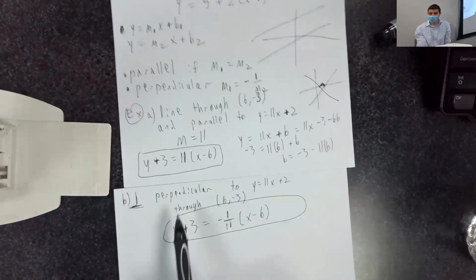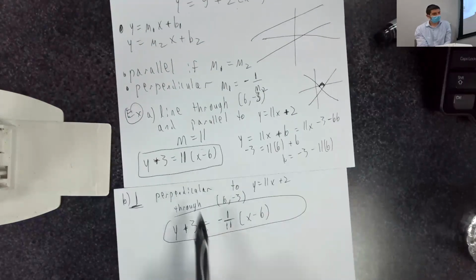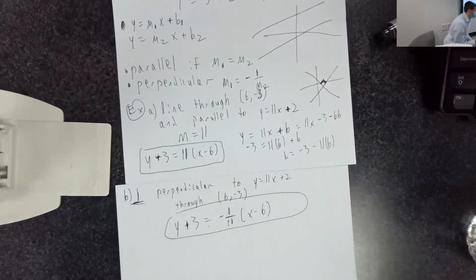Do you see the difference between the two? The same line, the only difference is the slope. Question? Can you explain how you get the perpendicular one? Yeah, if you want a line to be perpendicular, just take the slope, take the reciprocal, and then multiply by a negative. So that's the formula.